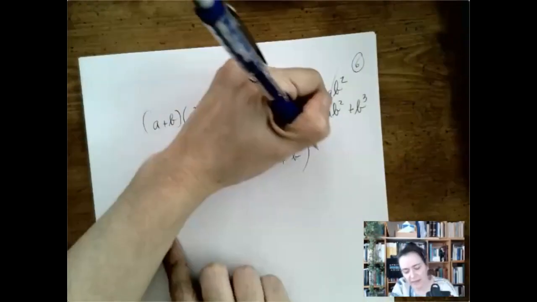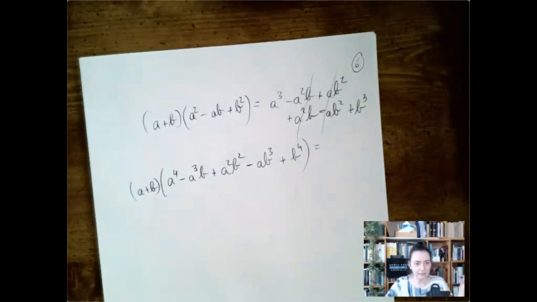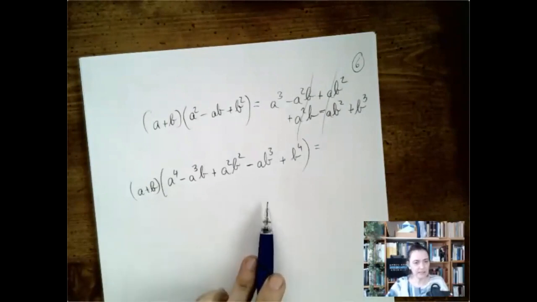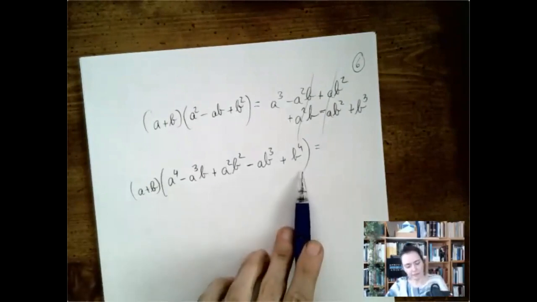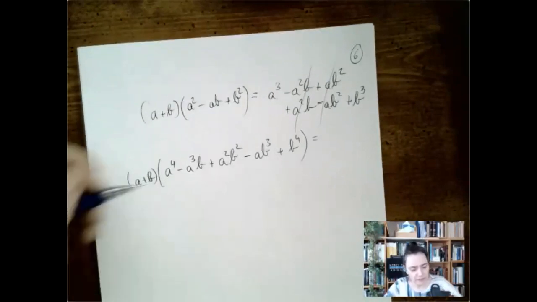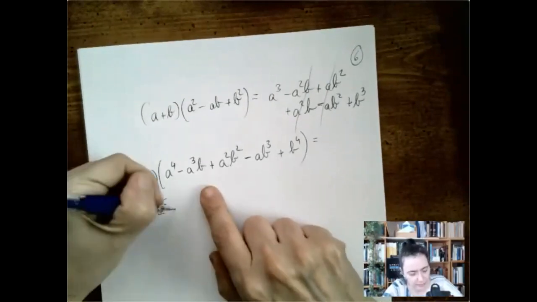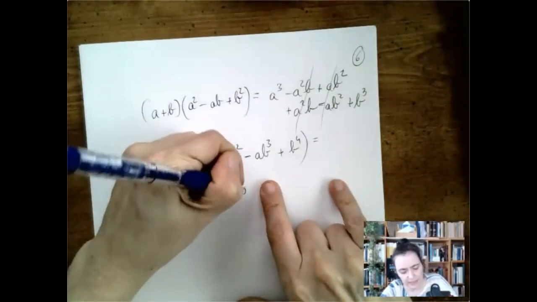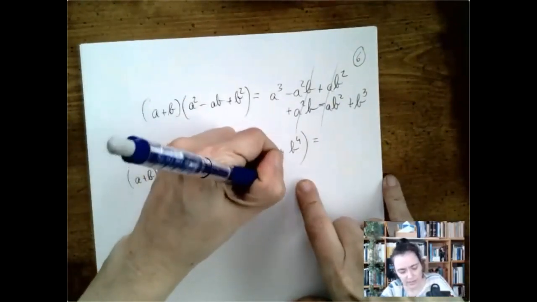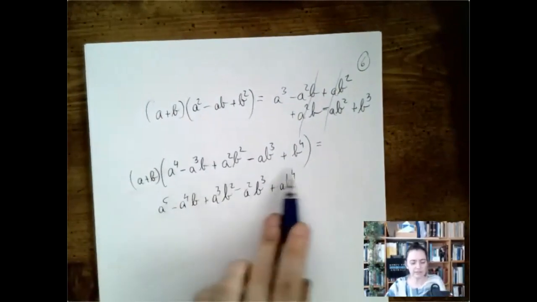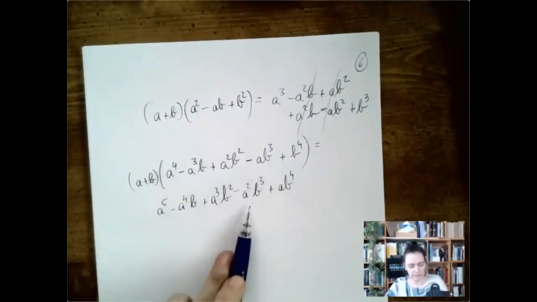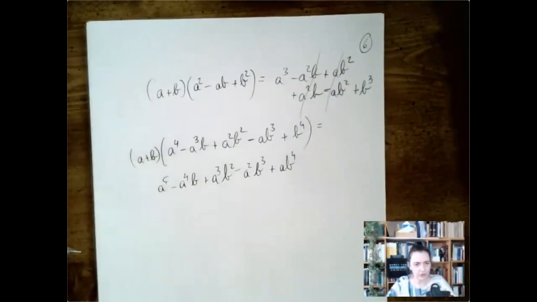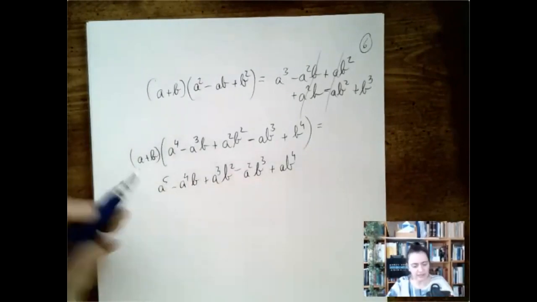So now when we multiply this out, just so you know, we're going to get a to the 5 plus b to the 5. We're going to have 10 little pieces. First, we multiply everybody from here by a and then by b. So it's going to be a to the 5 minus a to the 4 b plus a cubed b squared minus a squared b cubed plus a b to the 4. So we just hit everybody here by a. And then now we're going to hit everybody by b, but I'm going to do that usual trick: I don't continue, I go to a new line and tab.